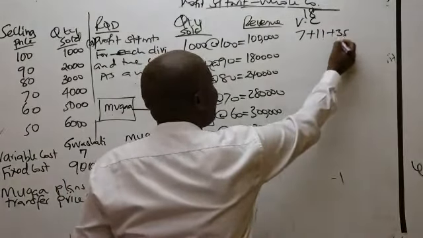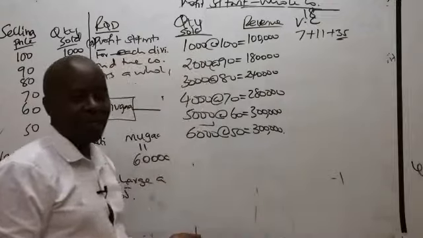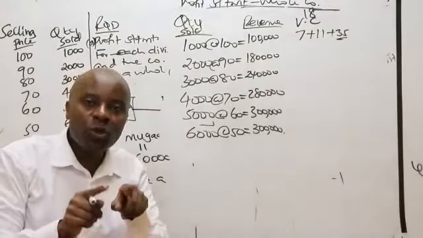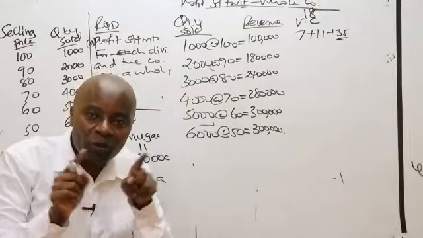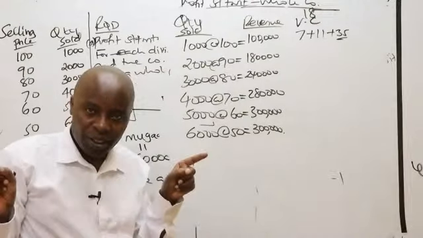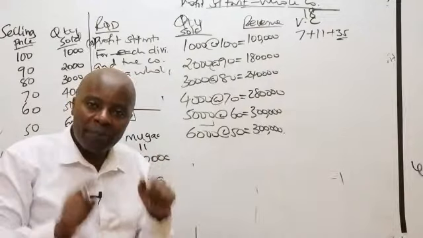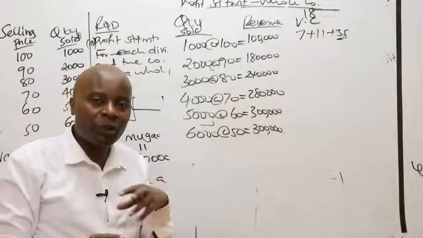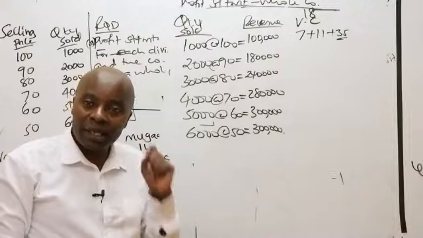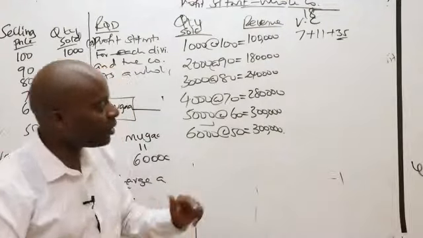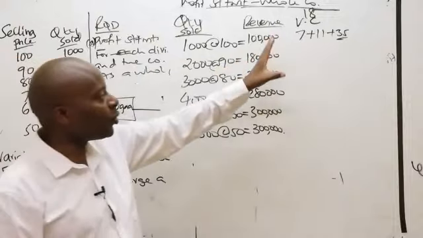This 35 is irrelevant, because it is an amount you put in to assess the performance of individual divisions. But now that you are looking at the whole company, any amount transferred in between is irrelevant. So in this case, we work with 18. Are we together? Can I proceed?